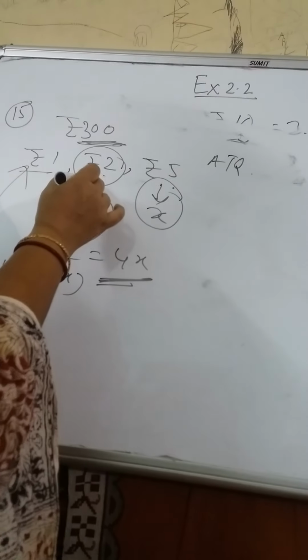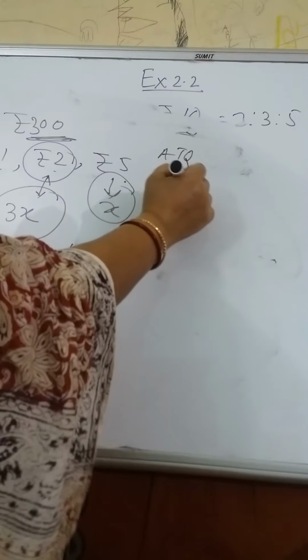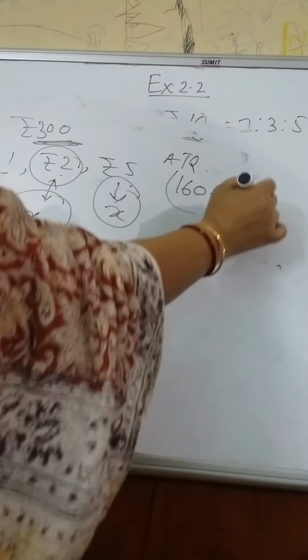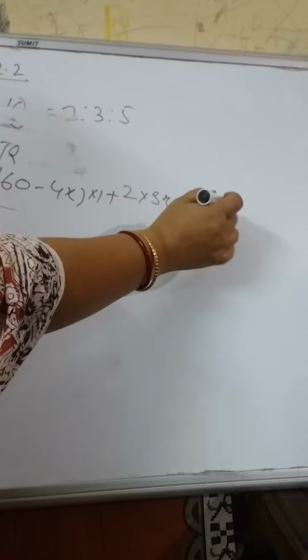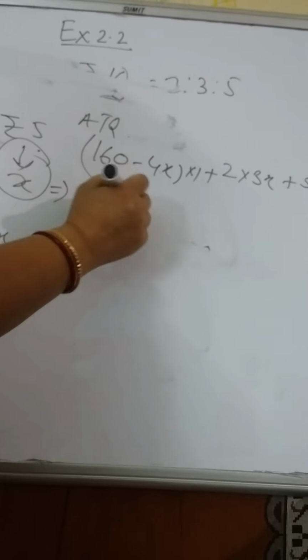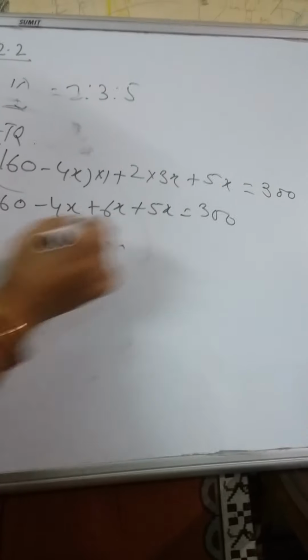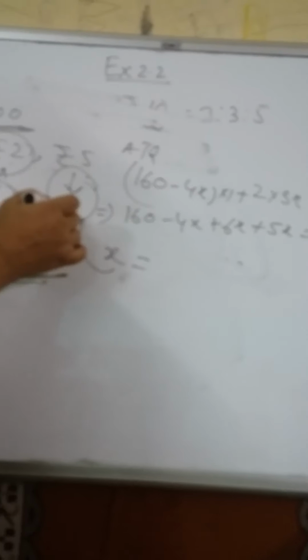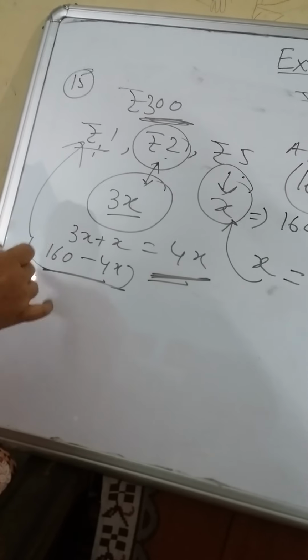So for the 1 rupee coins, 160 minus 4x into 1, plus 2 into 3x, plus 5 into x should equal 300. Now you can solve it easily. You will get x, and from x you can calculate 3x and the 1 rupee coins.